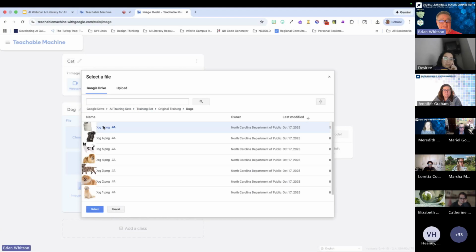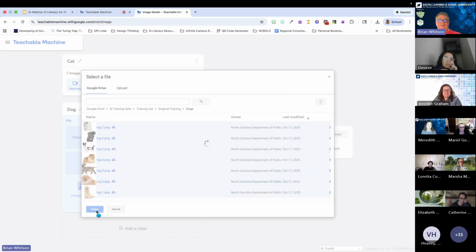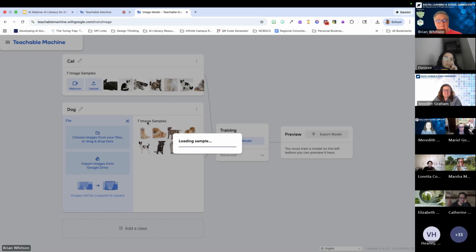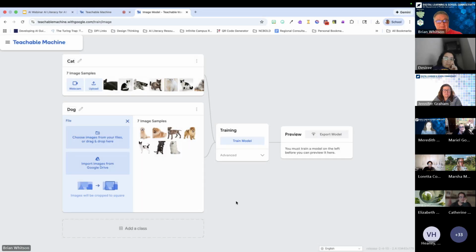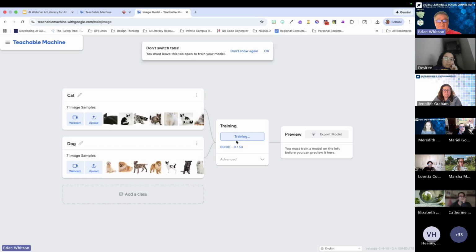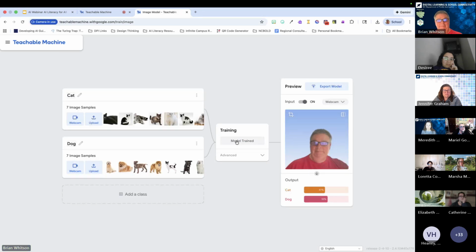And you'll notice I only have about 7 images of each cat and dog. Okay. And so I've got my images, and now I'm going to hit train model. And it trained pretty quickly. So it didn't have a lot of data. And so now it's going to try to classify those.